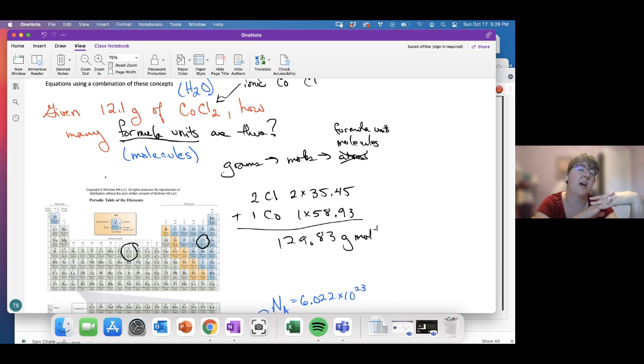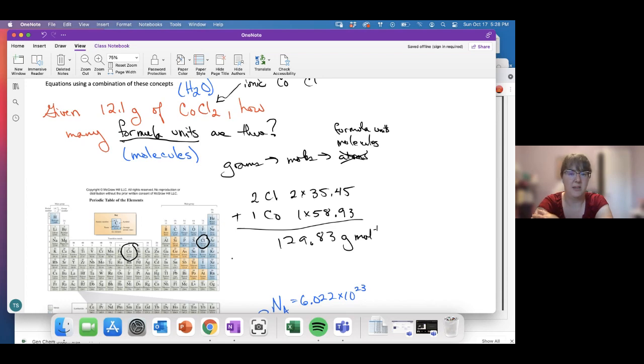So realize that if it's ionic, we could ask you about the formula units, which is an analog to molecules, or we could ask you about a number of atoms, or we could actually ask you to break that ionic compound down and tell me about how many ions are in there in total. Overall, you're still going to go from grams to moles, and then moles to formula units. And then the question is do you need to go any farther than that?